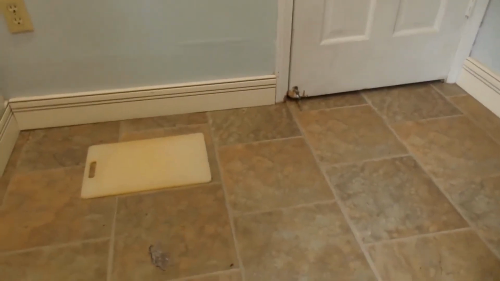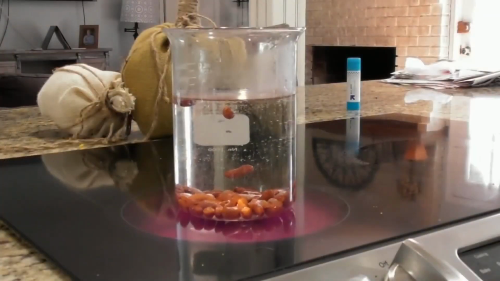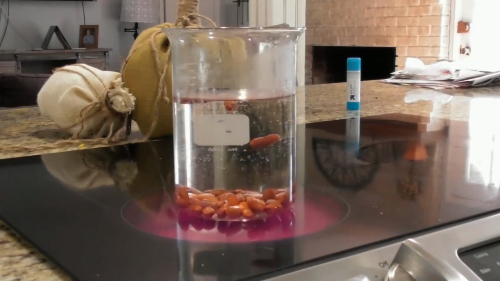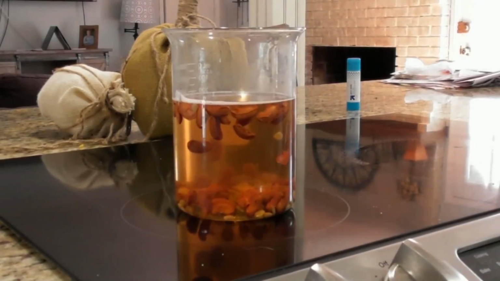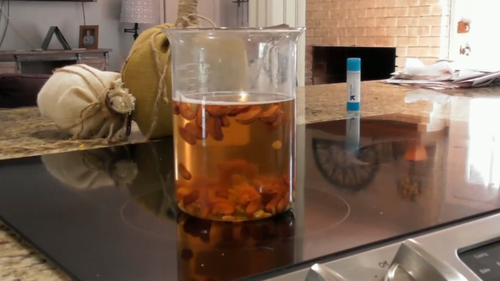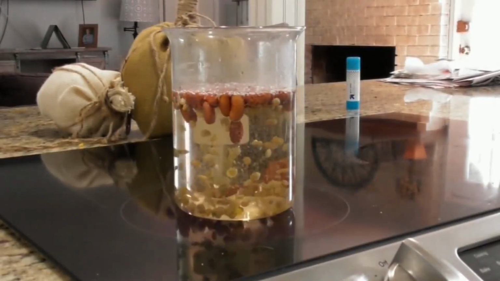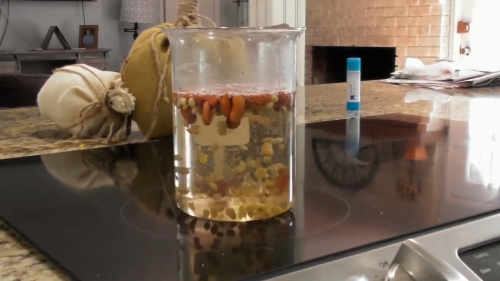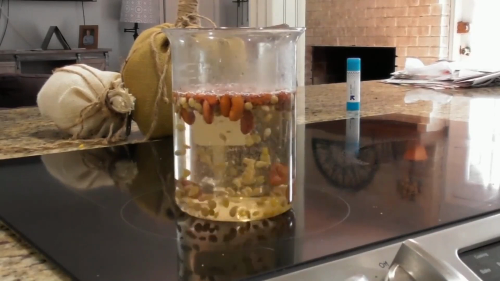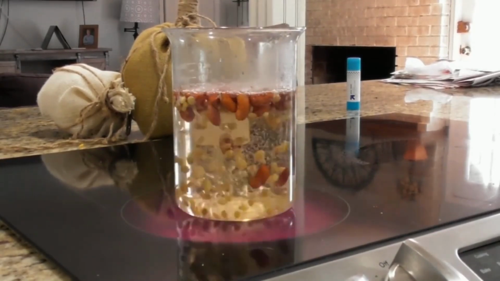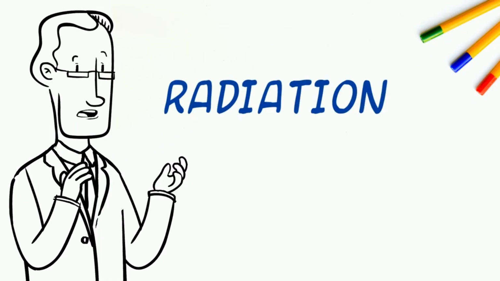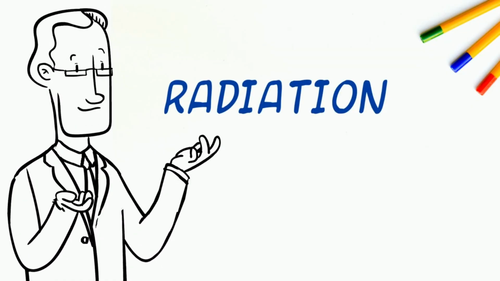These beans are another example of convection. As the beans warm up, they rise and then cool and fall back down, and repeat this over and over again. Radiation heat is transmitted without any physical contact between objects.